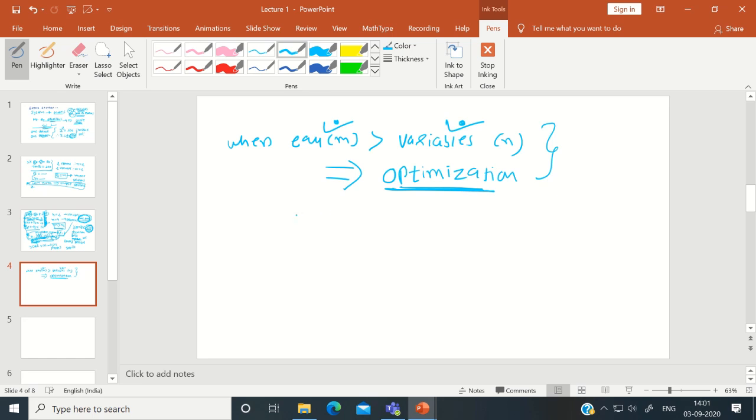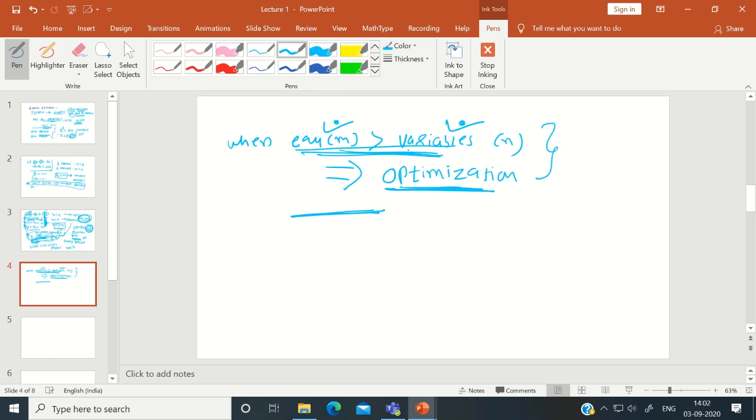Now you may ask, I don't want to use optimization for this case. Yes, you can use other methods, but you will not get the optimum answers.